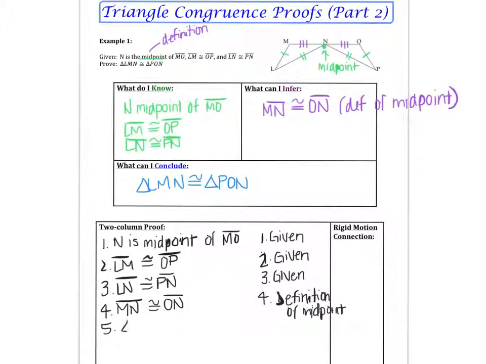And lastly, I was able to say that triangle LMN is congruent to triangle PON, and I used the side theorem. And when I look at this triangle, I see that it has an axis of symmetry right here, and that O and M are reflected. I see that this side reflects over here, and L and P are reflected, so it is a reflection.